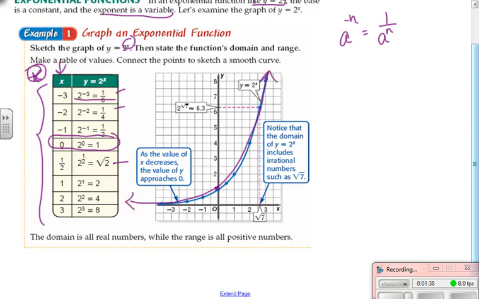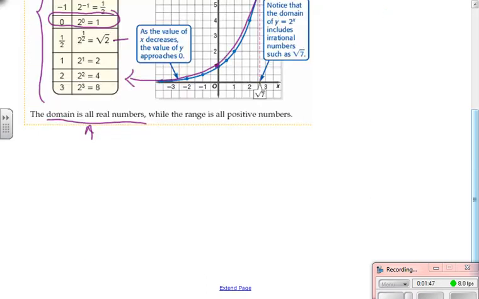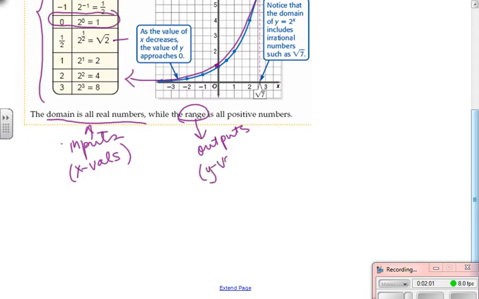And what we're going to see happen is that our domain is all real numbers. Remember, domain is what you can put in. Okay, so that's our x values. And the range is our outputs, or our y values.